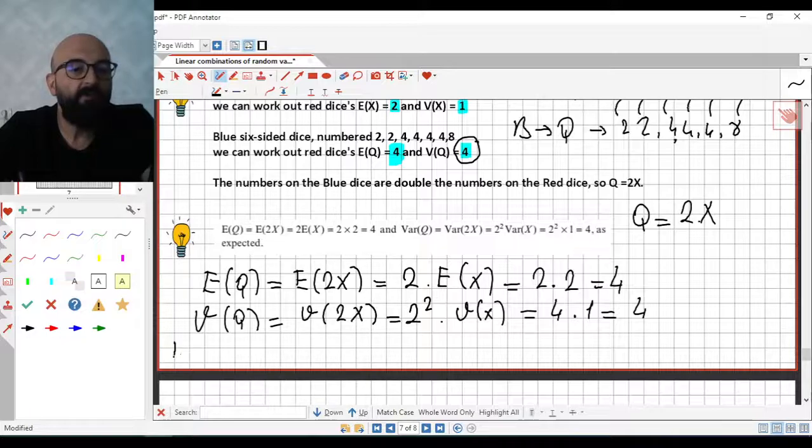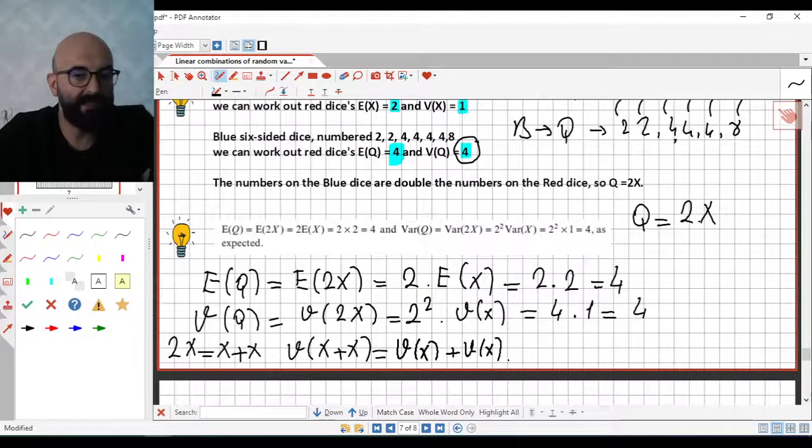But if I want to write 2x differently, 2x means x plus x. So the variance of x plus x is the variance of x plus the variance of x.